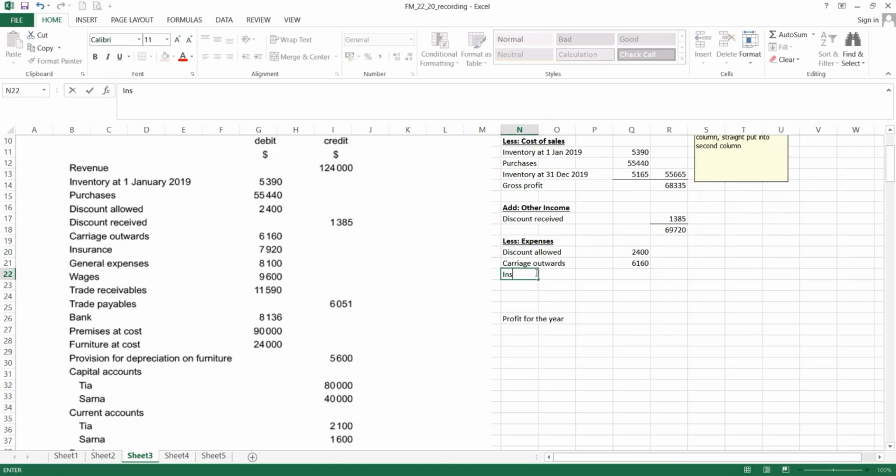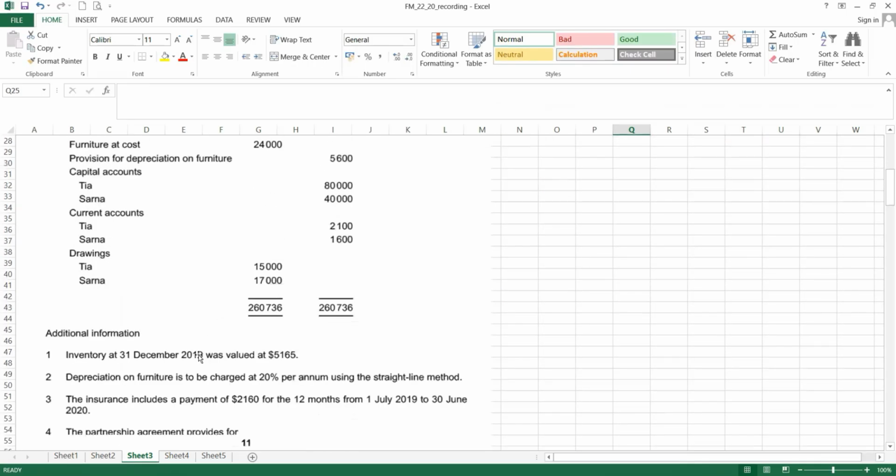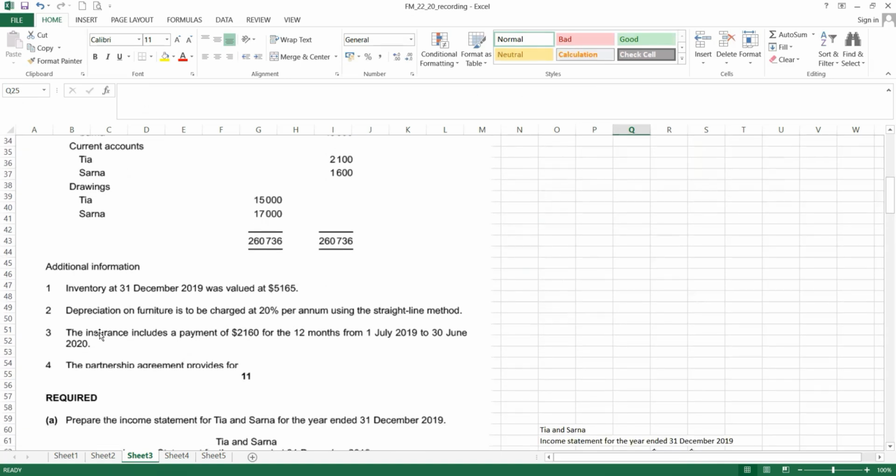Insurance. Okay, insurance is 7920. And then general expenses. We ignore the additional information first. We put down the amount first. Okay, next is wages, 9600. And then no more. Okay, no more. Now go back to the additional information.